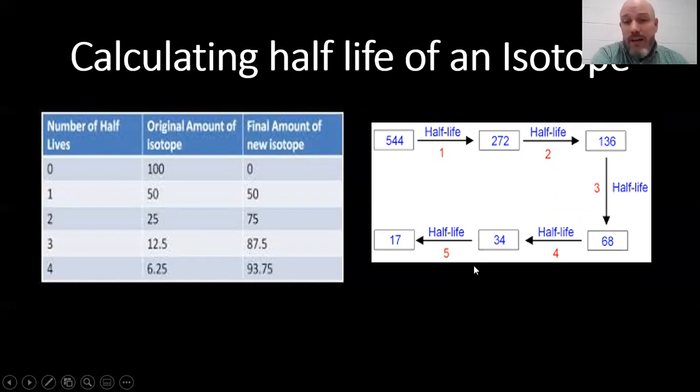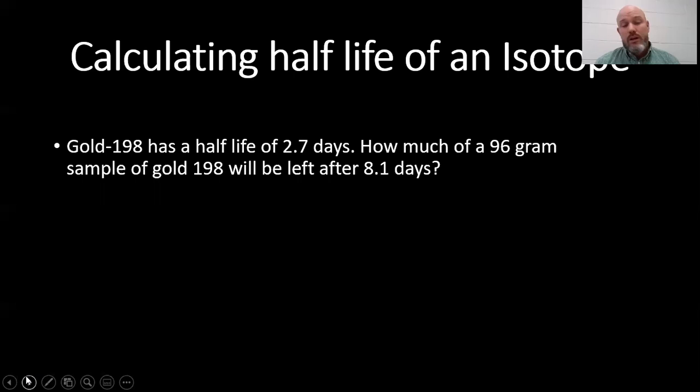So after 5 half-lives, we would only have 17 grams of our substance left. Or if this was in atoms, if we started out with 544 atoms, we would only have 17 atoms left. This chart on the left, very similar. You start out with 100, then 50, then 25, 12.5, 6.25. So let's look at 2 example problems.